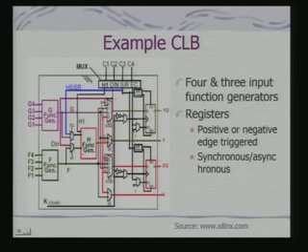So, effectively what you are finding here is that you can synthesize logic functions, both combinational and sequential, even using a single FPGA logic block. And you can obviously synthesize more complex functions when you connect these logic blocks together. So, effectively what you have got is a programmable fabric to synthesize any logic function.